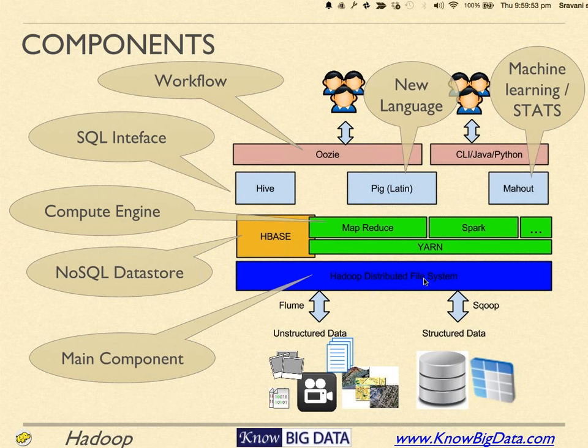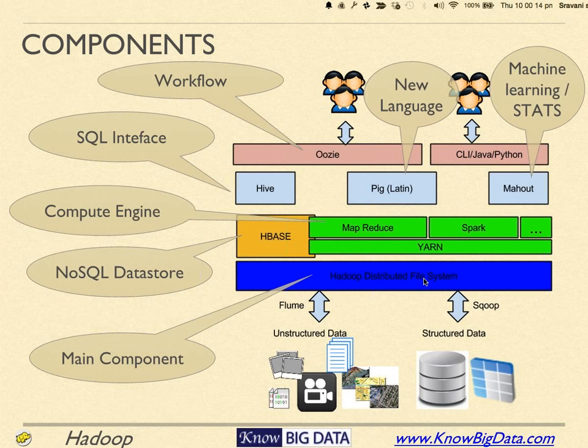This file system is distributed in the sense that some of your data will be on one machine, some on another, and you would never have to worry about it. You will never have to interact with the gory details.